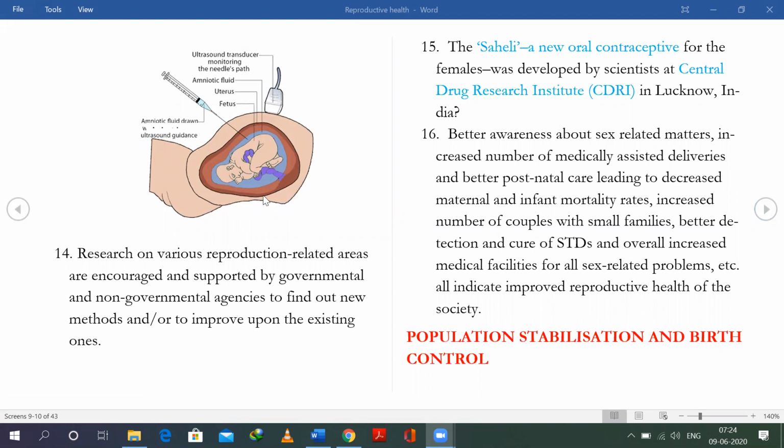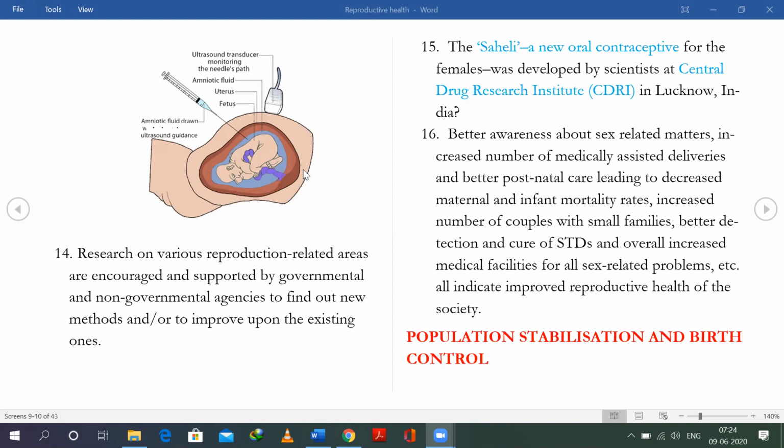We can clearly see the baby is floating in a sac, a bag. This bag is called the amniotic sac, and it is filled with the amniotic fluid.